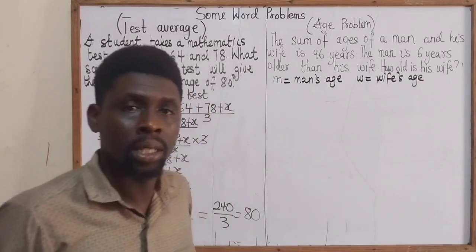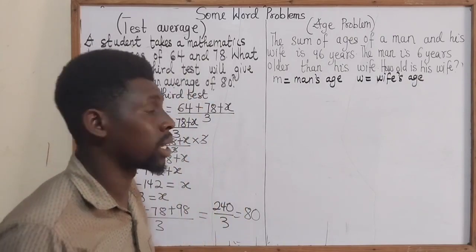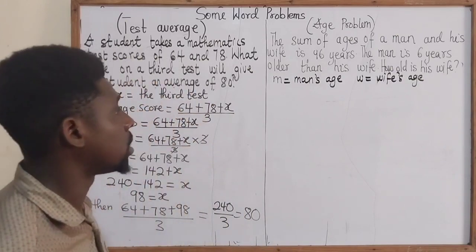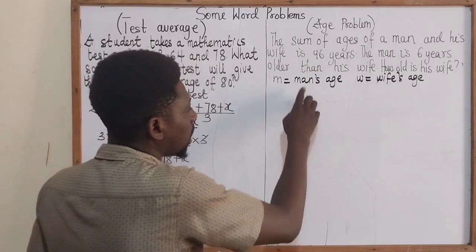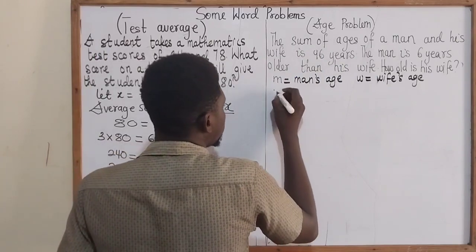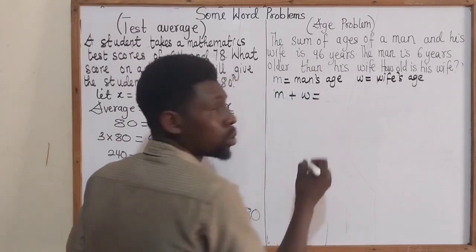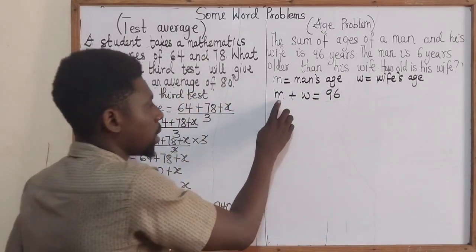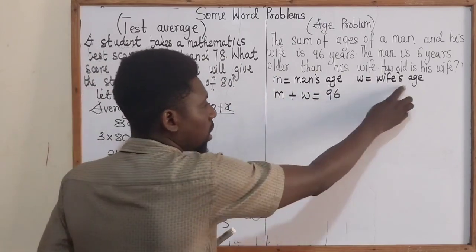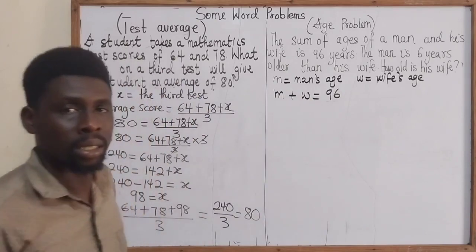So we are equating their individual ages with a variable so that we can get our mathematical sentence from that. So the sum of ages, M plus W, should be equal to 96, right? So M as the man's age, W as the wife's age, being the sum of the ages, equals 96, all right?